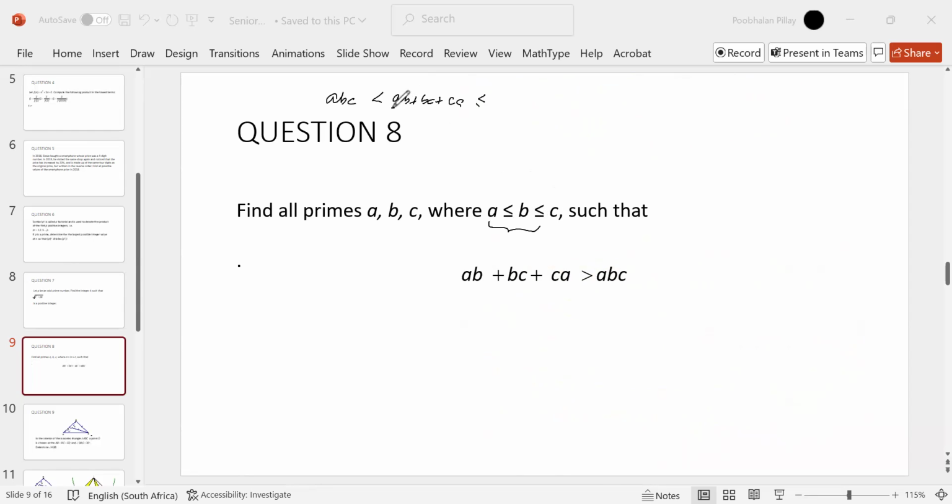So let's look at A. A is less than C, so AB is less than CB. And BC is equal to itself. And here, CA. So A is smaller than B. So this spot here is also less than BC.